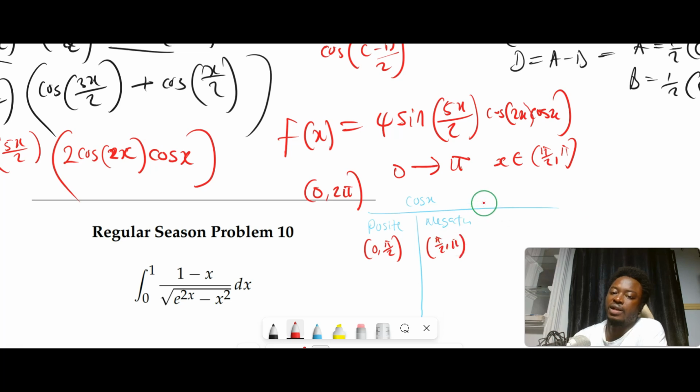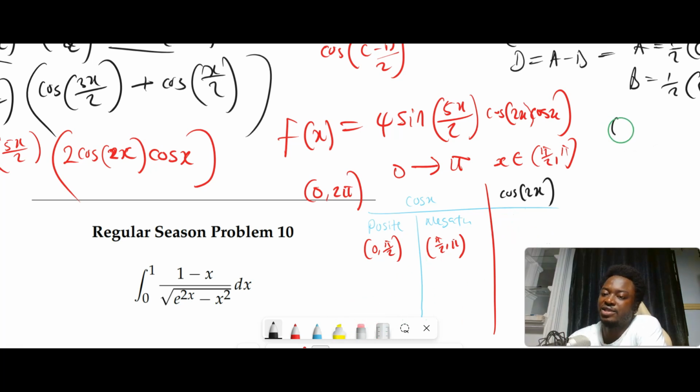What about cosine of 2x? Cosine of 2x has range from 0 to 2 pi, right?